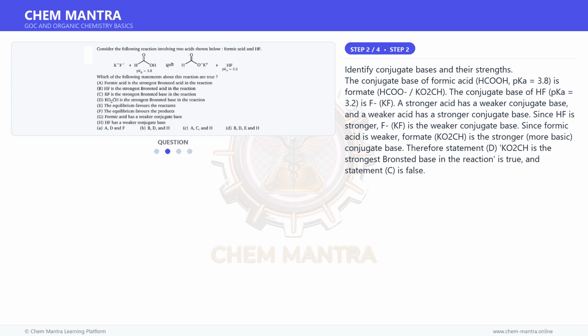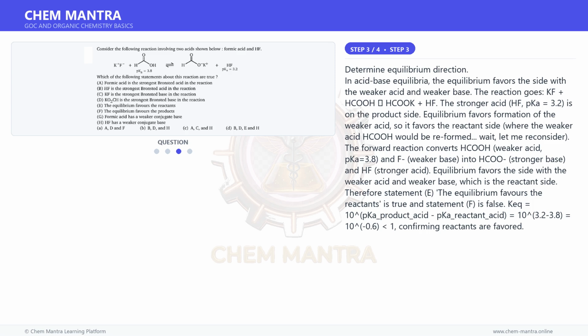Since HF is stronger, F− is the weaker conjugate base. Since formic acid is weaker, formate, HCOO−, is the stronger, more basic, conjugate base. Therefore statement D, HCOO− is the strongest Bronsted base in the reaction, is true and statement C is false. Moving on to the next step.